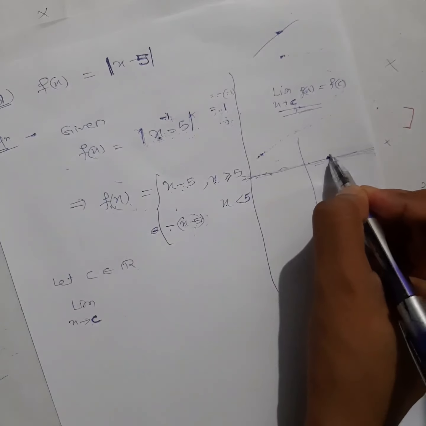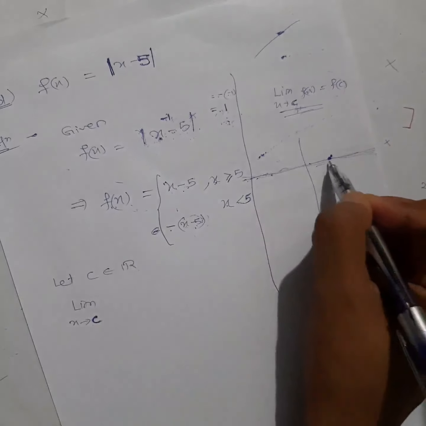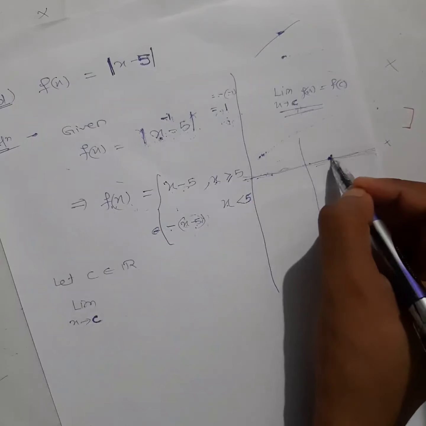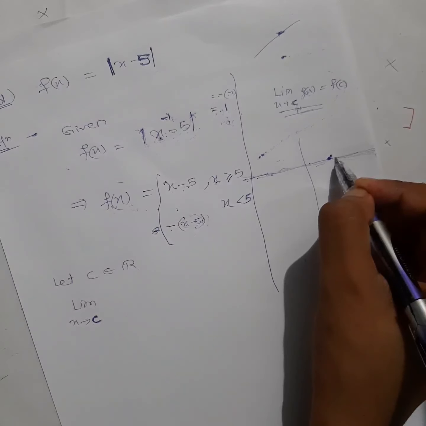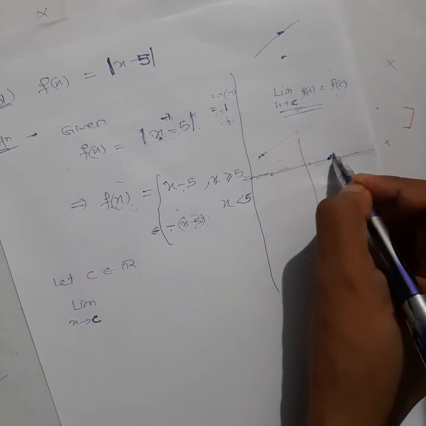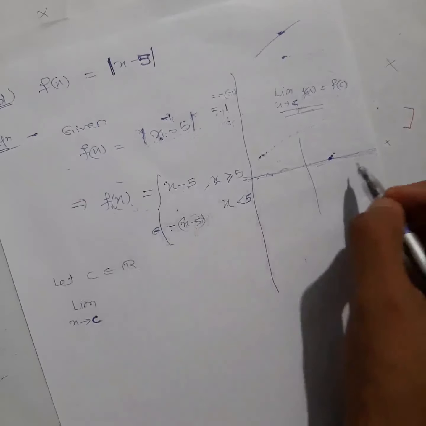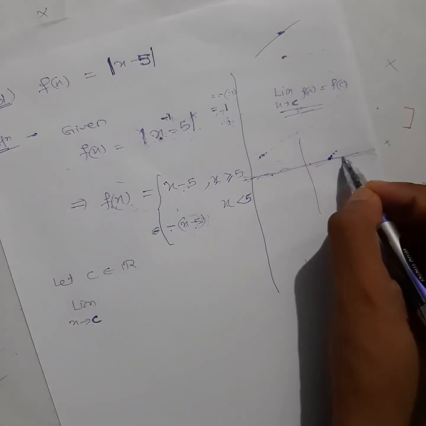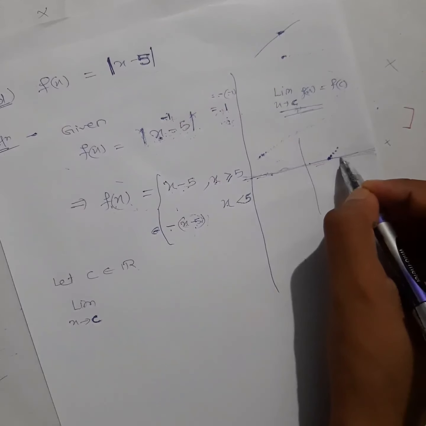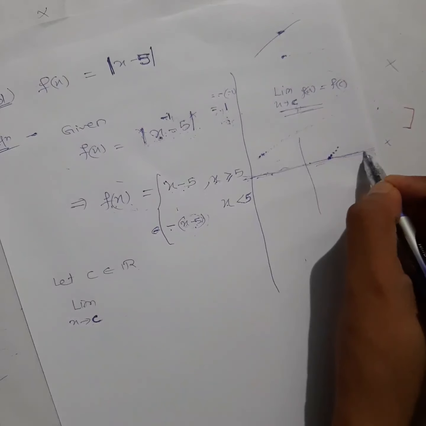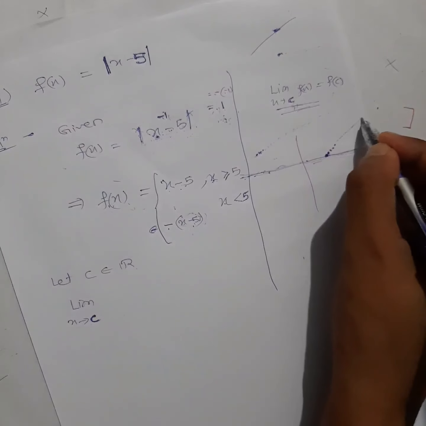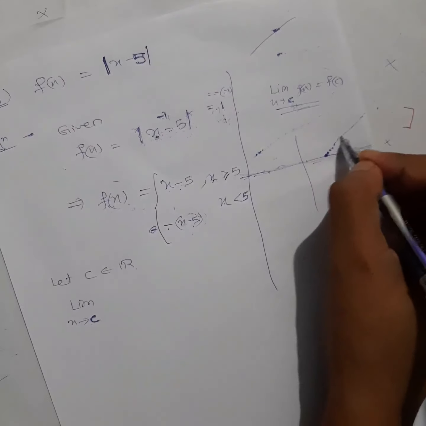Means the point will be somewhere here. The next point you also got. Just next to it, after that you take x, again y you will get somewhere here. Defined values only you will get, right? The next value of x you take, y you will get somewhere here. So if you keep on taking all the values of x, you will get y values, meaning you will get all these points.